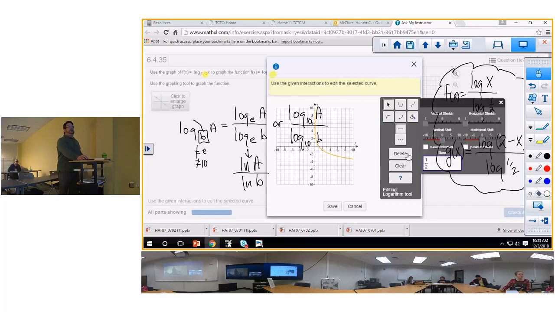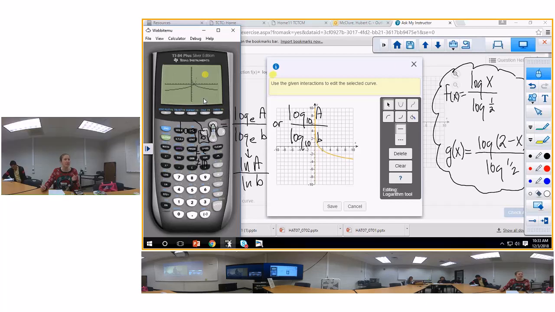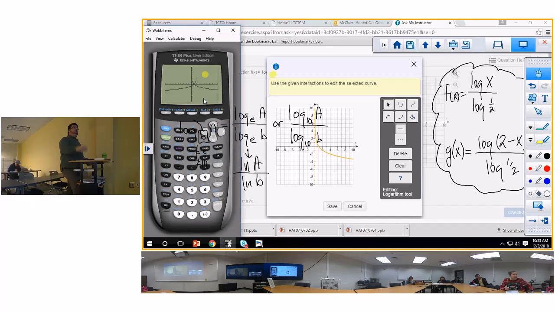And then what does it look like? Let me hit the graph. This is the part where I was really struggling, trying to figure out how to type all this stuff in. So you're going to have to flip it because it's going this way because of the logarithm. Because the log of 1/2 is flipping it.